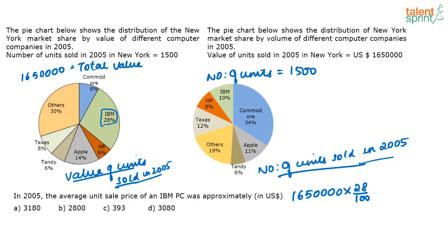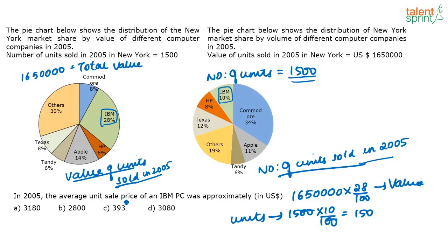How many units has IBM sold? This is the value for which IBM has sold, so much money IBM has made. By selling how many units has it made so much money? If totally 1500 units were sold, 10% of the units belong to IBM. So the units that IBM has sold is 1500 into 10 by 100, which is equal to 150. Now what is the question? The average unit sale price.